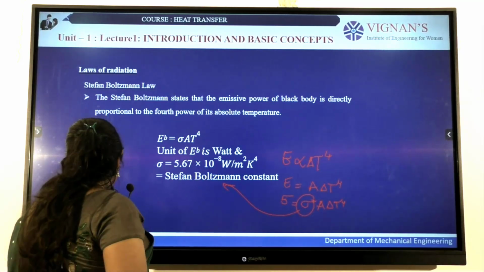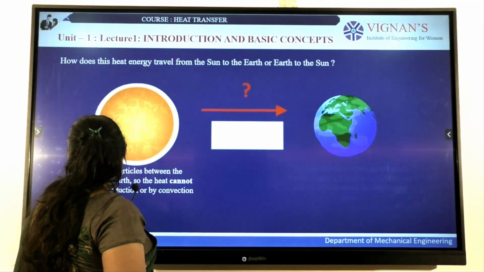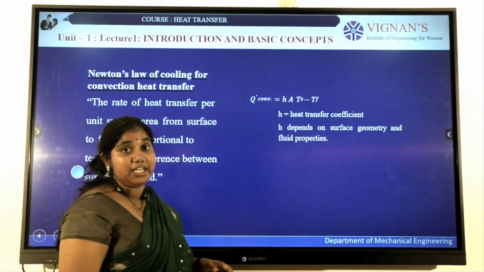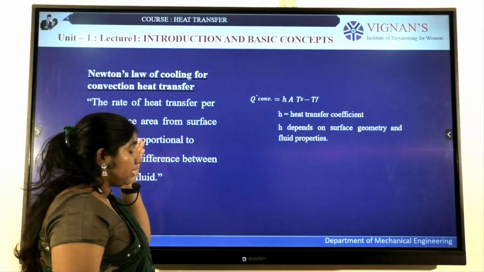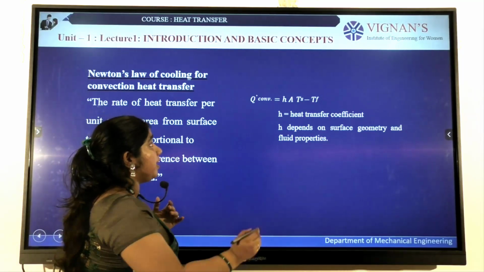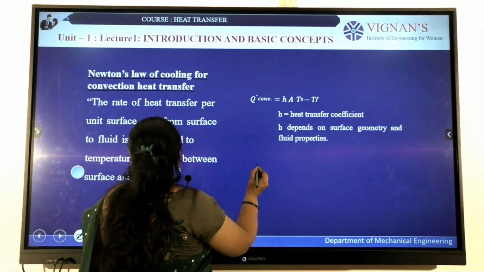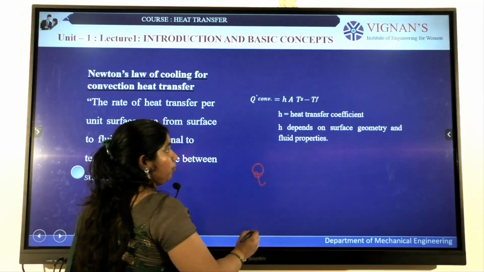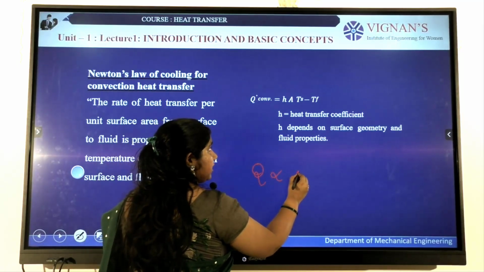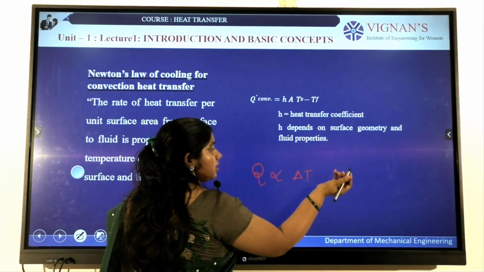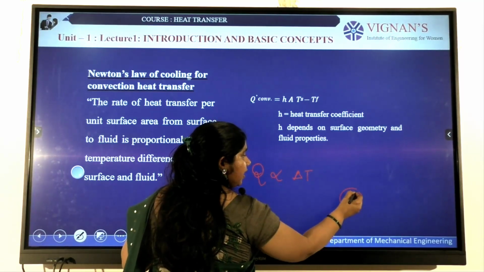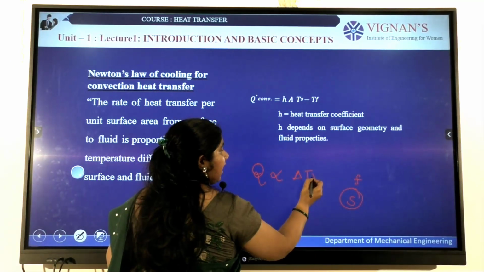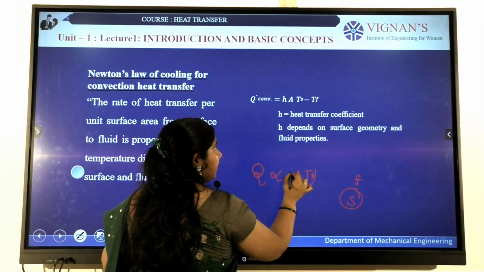Apart from the Stefan-Boltzmann law, we have the natural convection equation, which is given by Newton's law of cooling. Here Q is directly proportional to the temperature difference between the object surface and the surroundings.